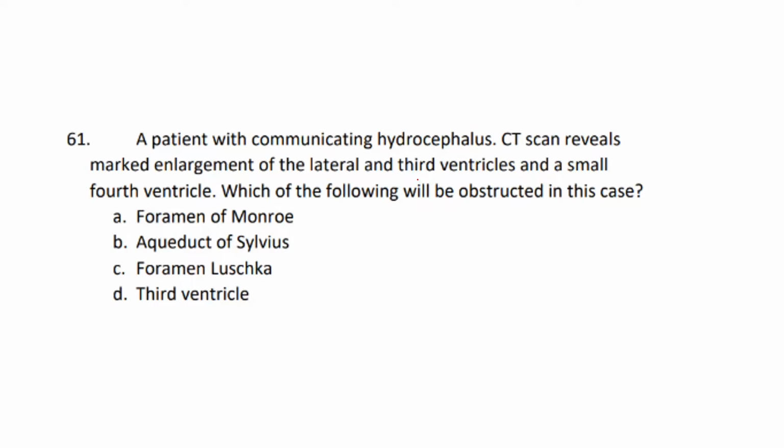This is also the most common place of obstruction. But basically, yeah, it's the aqueduct of Sylvius, like you guys pointed out. The foramen of Monro is going to be the one that separates the lateral and the third ventricles.